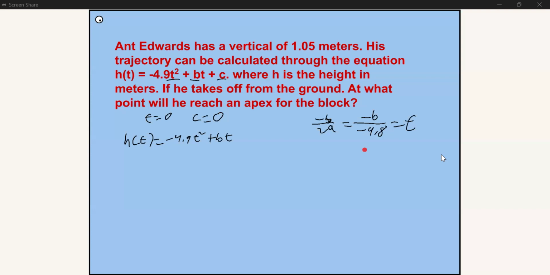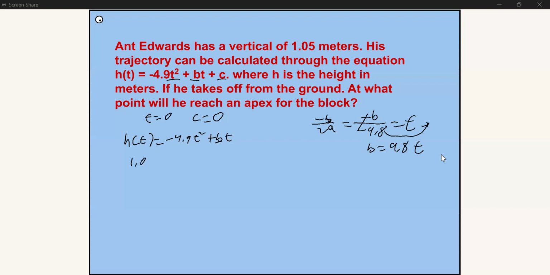So then if we solve for b here, we get b equals 9.8t, because we multiply here, and the negatives canceled. So 9.8t is what b equals, and now we can plug that in for b and plug in 1.05 for height and solve for t.